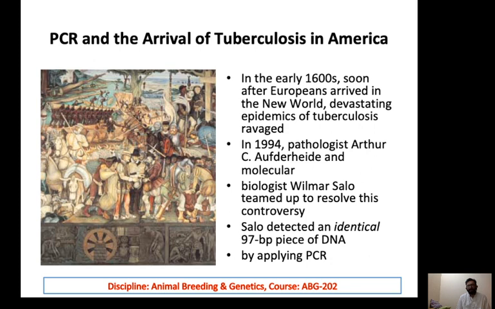In 1994, a pathologist, Arsus, and a molecular biologist, Wilmer Sallo, jointly tried to resolve this controversy and to a pretty large extent they were able to do it. Basically, they detected a 97 base pair piece of the tuberculosis pathogen in a woman whose body was preserved.